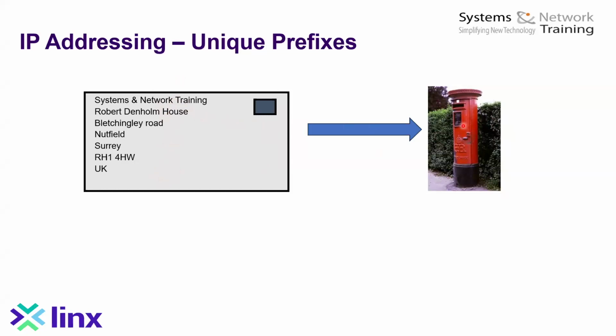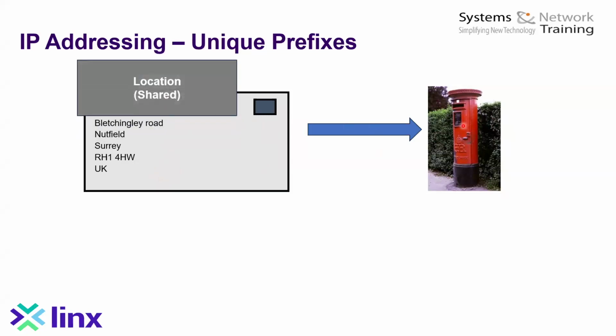Now, in this example I've used for the postal address, this is the address of the company I work for. And it's essentially divided into two parts. And I'm going to use a mask in the same way that we use masks with IP addresses to divide up the two parts. First of all, we have the location, which is Bletchingley Road, Nutfield, etc. This is not unique, as in, yes, the road is unique and the town is unique, but there are multiple businesses and households on this road sharing this same road address.